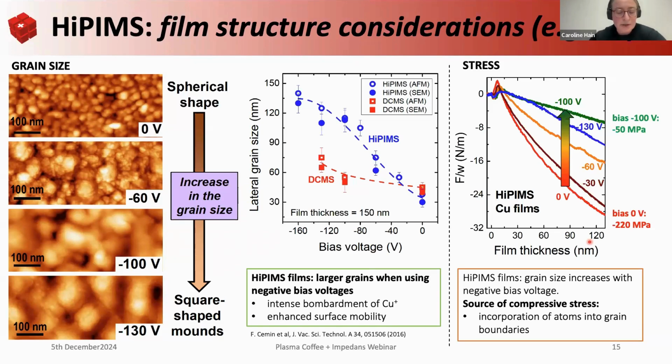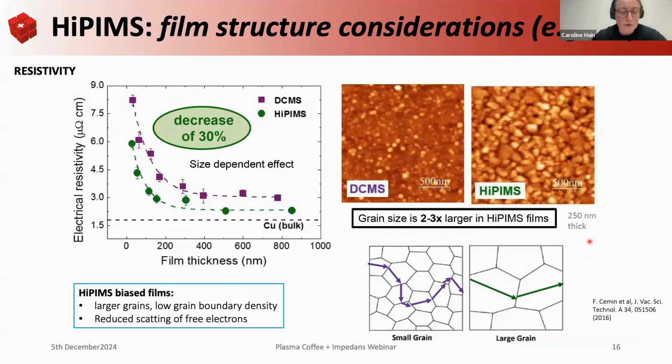If we look more at the application aspects, for copper it's interesting to be able to control the grain size. This is the comparison between DCMS and HiPIMS. We have this size-dependent effect, in that we're able to affect the resistivity.